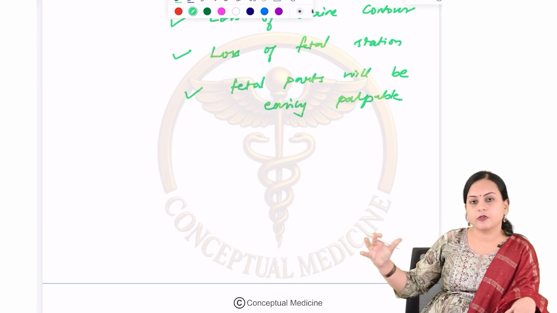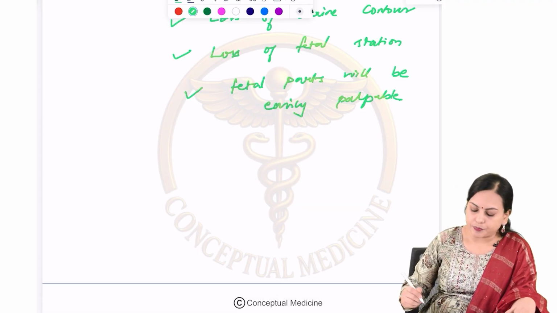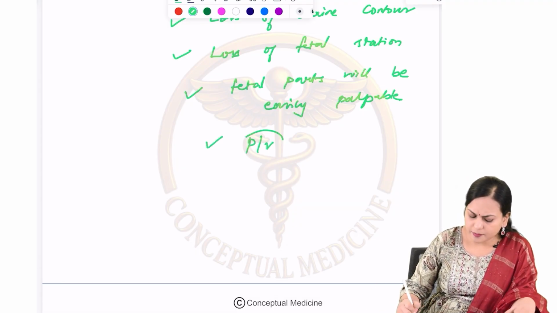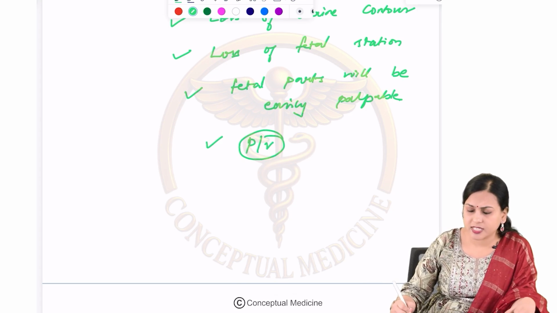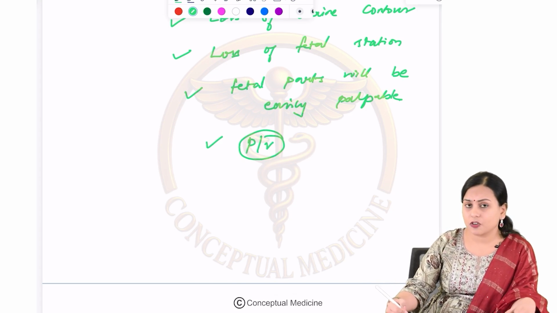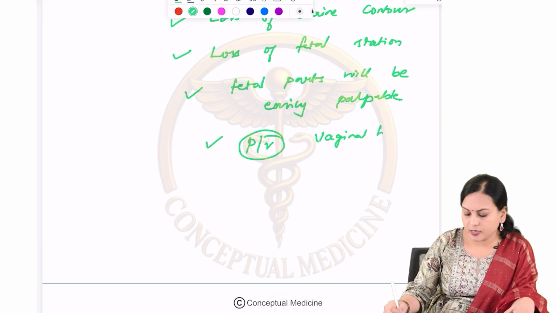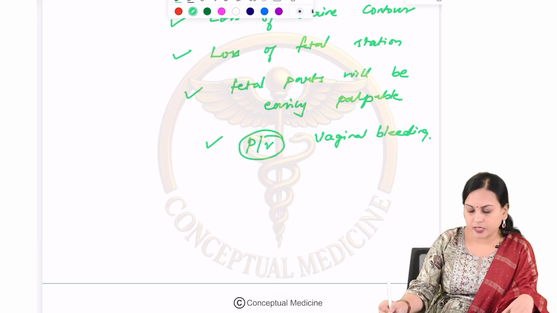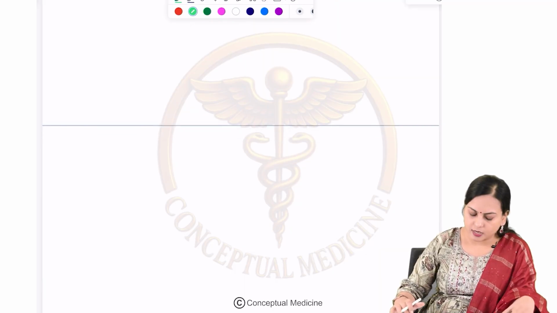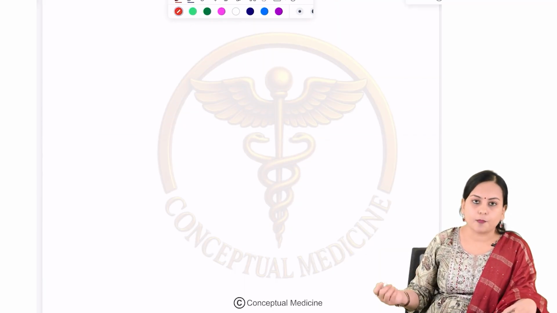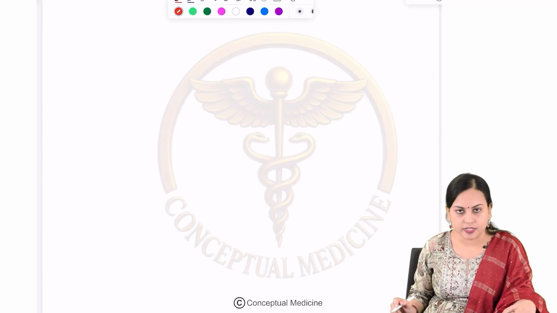So you will be able to palpate the fetus easily. Then on doing pervaginal examination, as I have already told, there will be receding of the fetal station, and apart from that there can be vaginal bleeding. Clear?